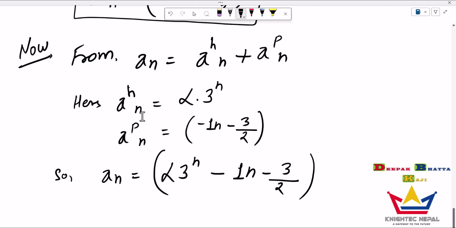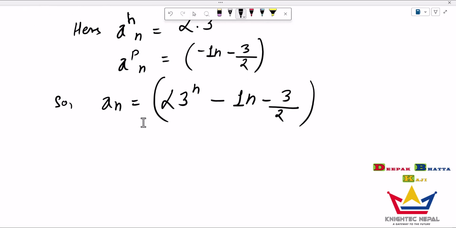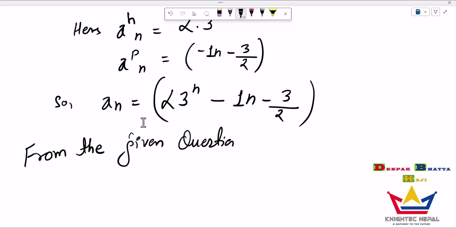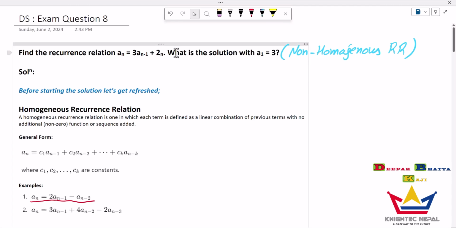So given the question, so from the given question, we have, so let us see the question. So we have a1 equals 3.